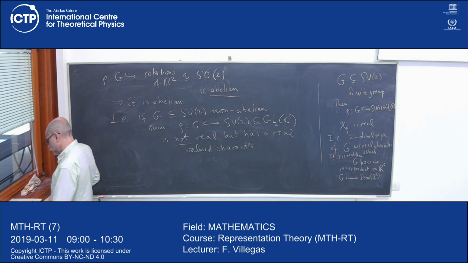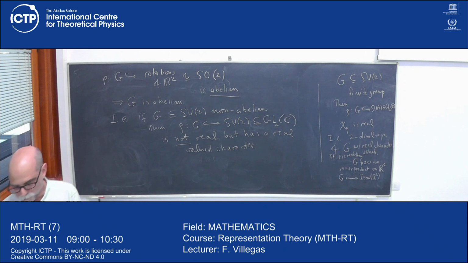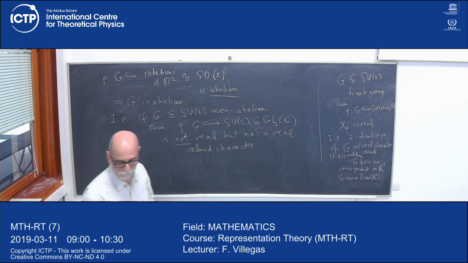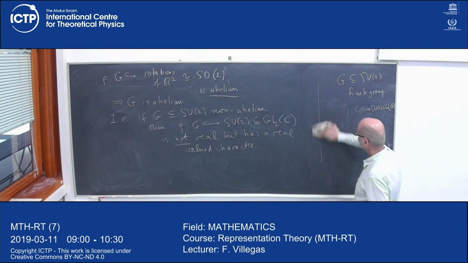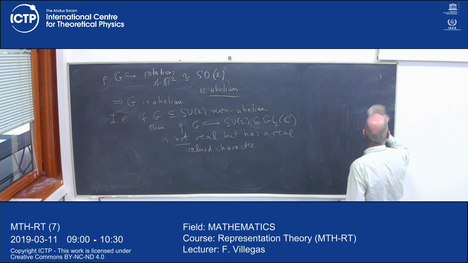So you could say, okay, well, fine, but then how do I know that there are non-abelian subgroups of SU2? Otherwise, this example would be vacuous. So do you know a non-abelian finite subgroup of SU2?